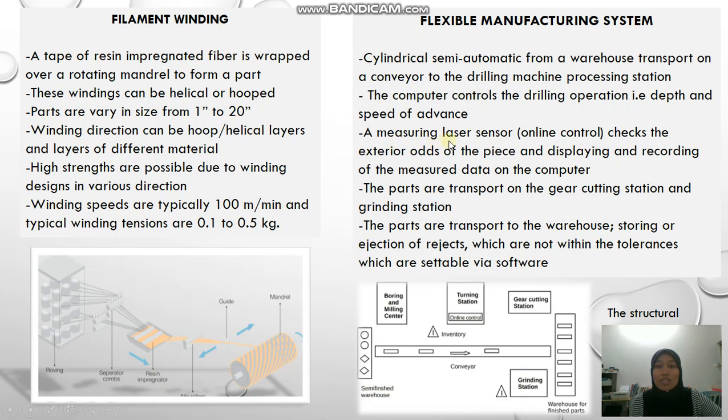Then a measuring laser sensor online control checks the exterior of the piece, displaying and recording the measured data on the computer. Then the parts are transported to the cutting station and grinding station. Then the parts are transported to the warehouse for storing, or ejection of rejects which are not within the tolerances, which are settable via the software.